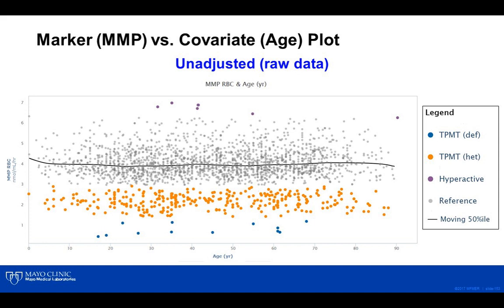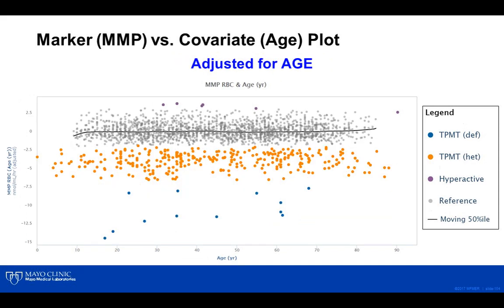As to be expected, considering this is the activity of an enzyme in erythrocytes, the moving median does not show much variation, especially between 10 and 95 years of age. However, age-adjusted values, expressed as z-scores, greatly expand the range of low values, a feature that could be particularly relevant to optimizing the separation between deficient and heterozygote cases, and perhaps also between heterozygote cases and controls.